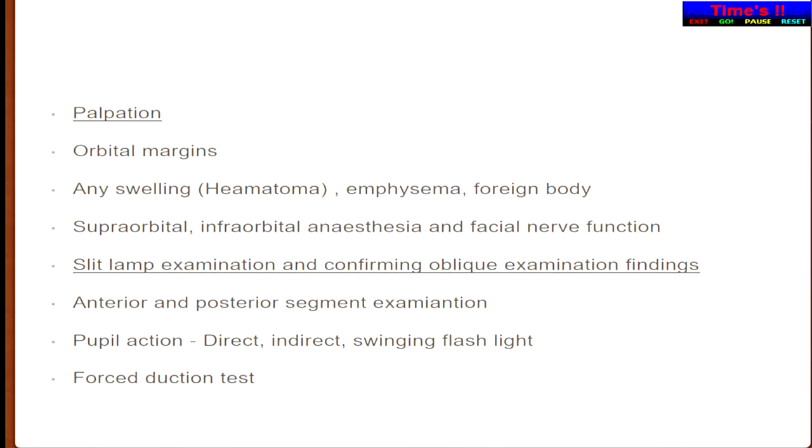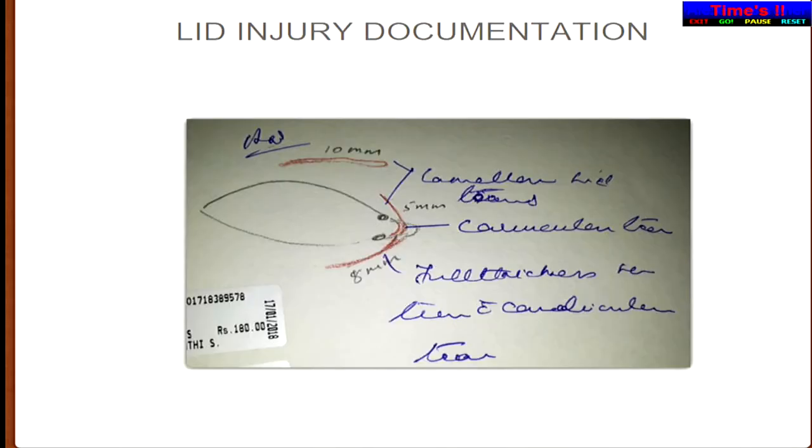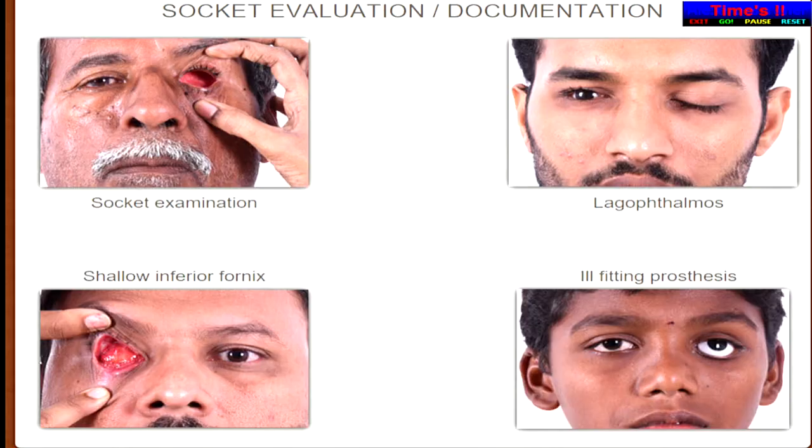And anterior and posterior segment evaluation is very important, slit lamp, and always look for relative afferent pupillary defect and also forced duction test. And again, examination of all vital structures is important, especially the lid margin, the levator function, the canthi, and the canaliculus. And a simple diagrammatic representation like this is very useful, especially for medico-legal purposes.